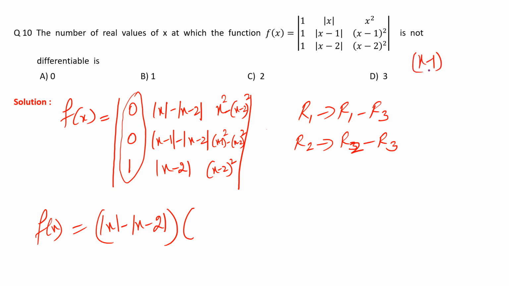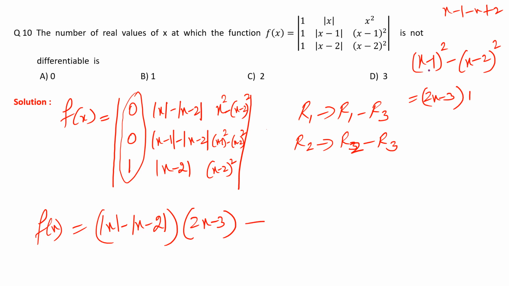Now students, we can use a square minus b square formula to simplify or to get the value of this expression. So it is x minus 1 plus x minus 2, that means 2x minus 3, into x minus 1, then minus x plus 2. So this is just 1. So that means this part will be just 2x minus 3.